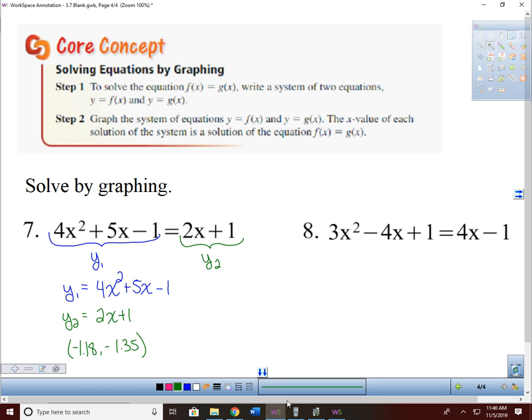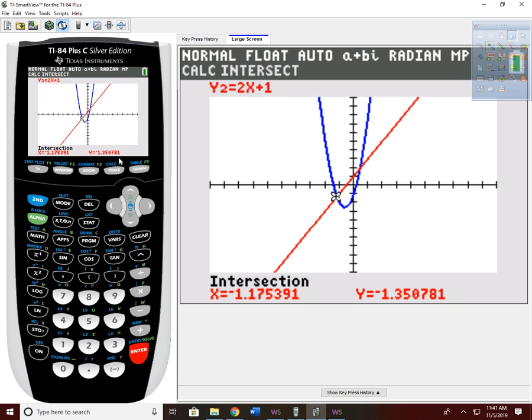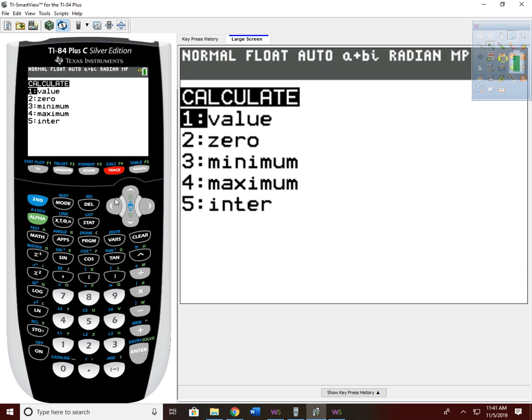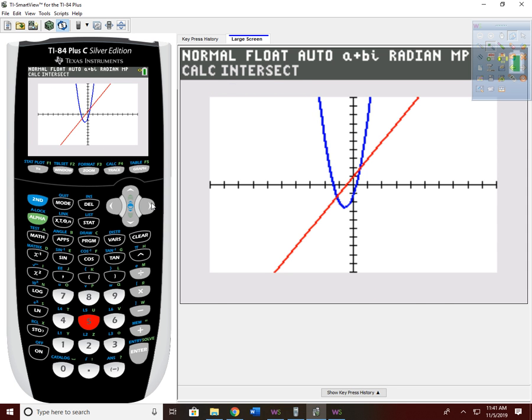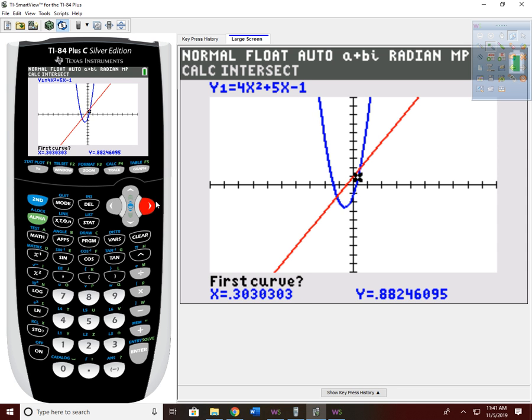All right, so that's just one point of intersection. I'm going to do the same thing for the other. So I go back to the Calculate menu and choose the intersect. And then make sure that you arrow over close to that other point of intersection. So I am on the blue line. I am on the red line. I want you to guess. And it tells me that point of intersection is 0.425 and 1.85.